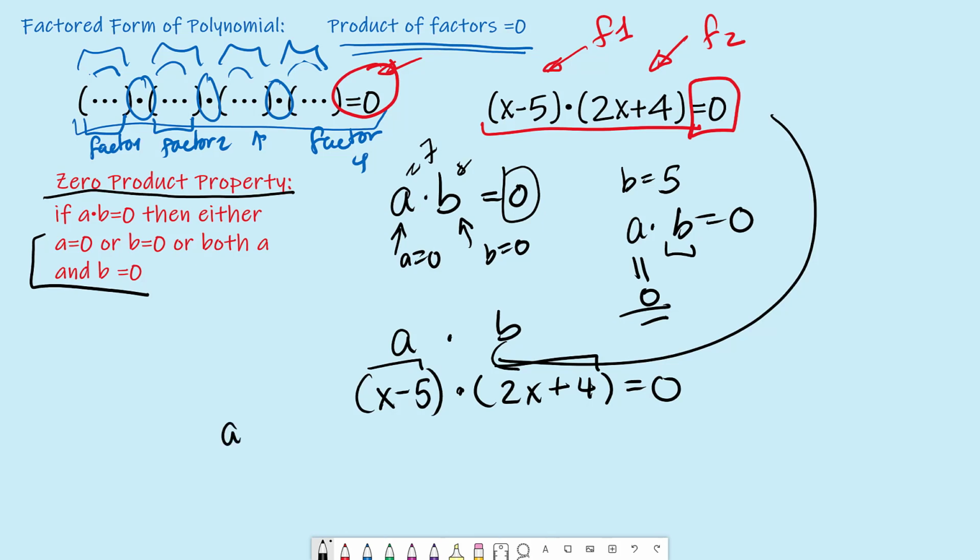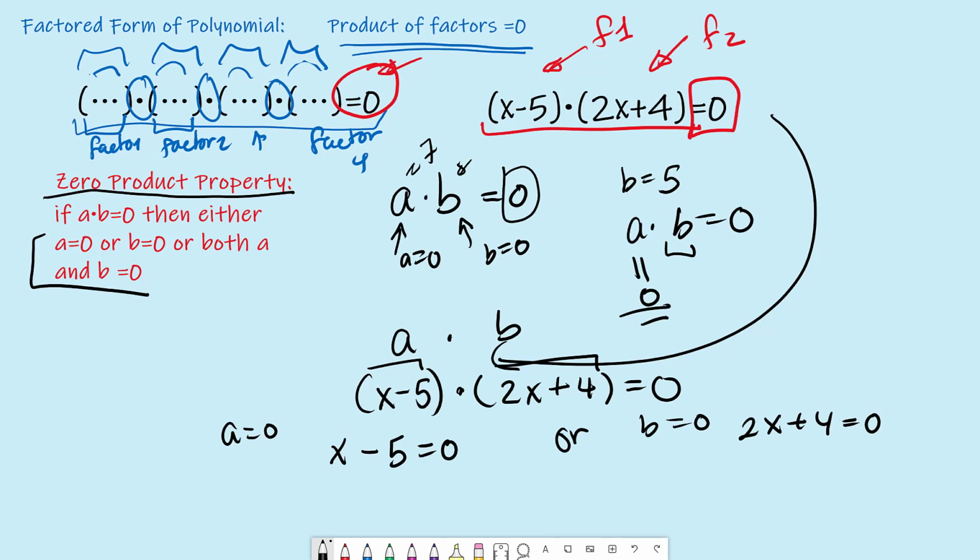Well, if A equals 0, then we have x minus 5 equals 0. If B equals 0, we have 2x plus 4 equals 0. Once we have these two smaller equations, we have an easier time solving because now we have two equations that are given by a single factor.